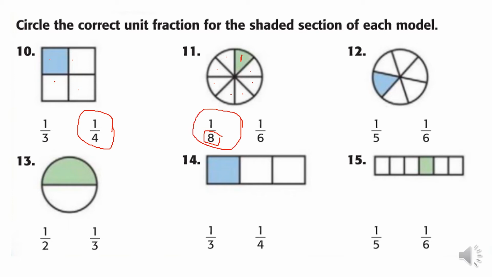Because this whole has 8. So number 12, let's count 1, 2, 3, 4, 5, 6. So this little section over here is represented by this one or this one? This one, because it has 6.